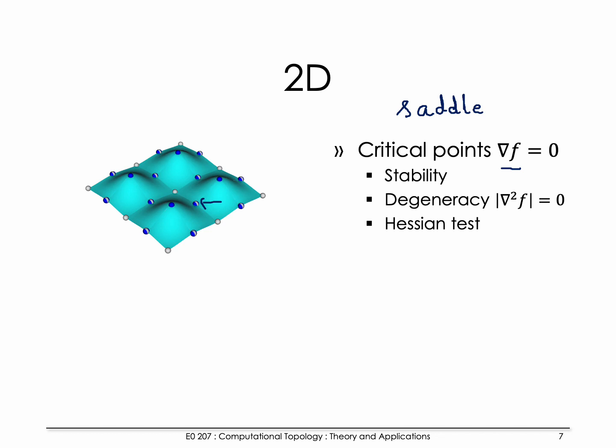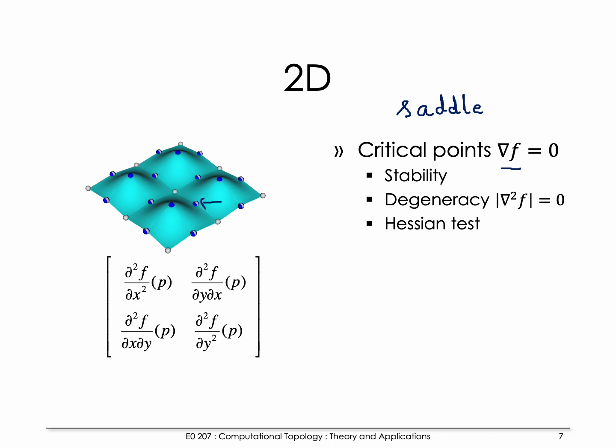Now, how do you test for these critical points and degeneracies? Again, a critical point is where the gradient is 0. The second derivative helps us decide whether the critical point is a minimum, maximum, or a saddle. I will come to that soon. Since it's a 2D function, the second derivative can be written in the form of a Hessian matrix.